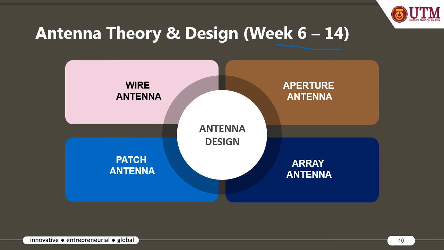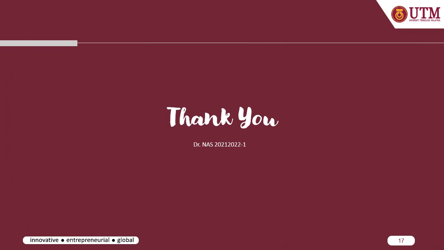In week 7, if I am not mistaken, there will be a representative from RF Station Sdn Bhd who will share a brief introduction of CST software. Although you have done some simulation using CST software earlier, you may ask questions to them for further guidance. Okay, thank you.